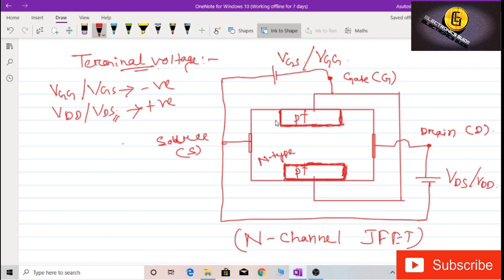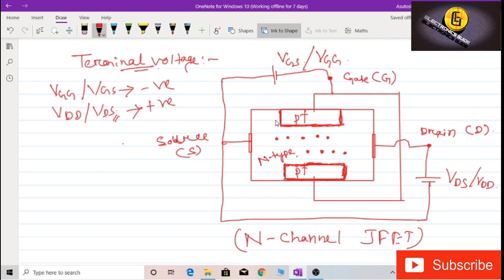Look at the VDS. When a positive voltage is applied at the drain terminal, the majority charge carriers in the n-type semiconductor, that means the electrons, will be attracted towards the drain end.